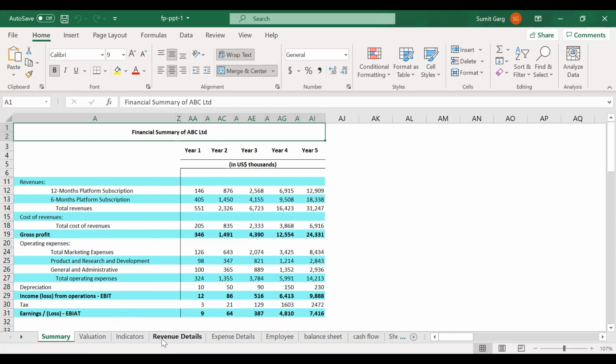For my own understanding, and this is what I encourage you as a founder or an entrepreneur to have, is a detailed revenue breakdown. In this example, the hypothetical startup sells cloud as a platform service, or they have created a product which is sold as a cloud product, sold as a subscription, in two different types: a 12-month subscription or a 6-month subscription.